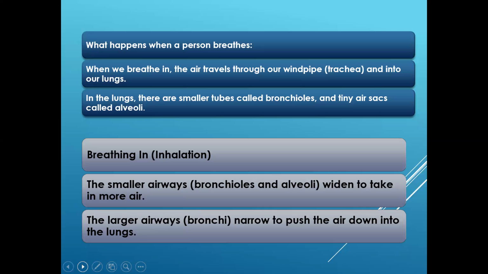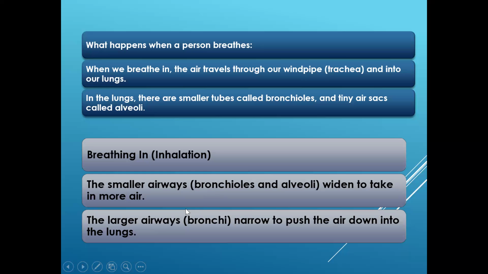When the thoracic cavity reduces by way of contraction, like we saw earlier, the smaller airways contract, while the wider airways, known as the trachea and the bronchi, open up, allowing air to leave the lungs and the respiratory system.